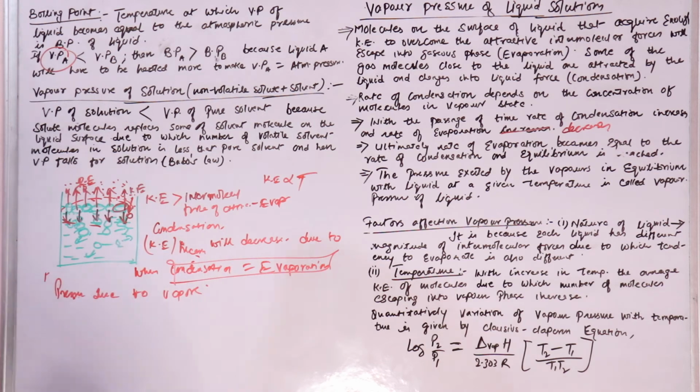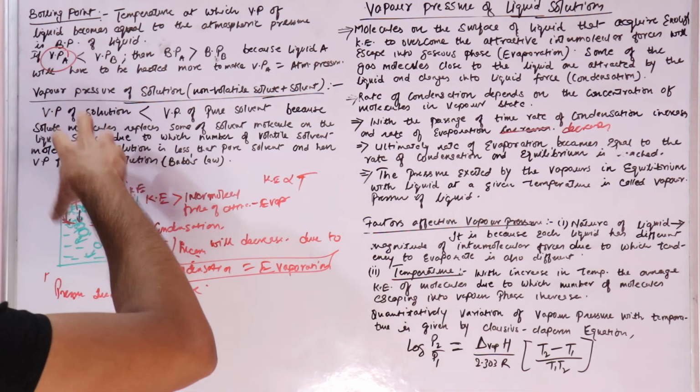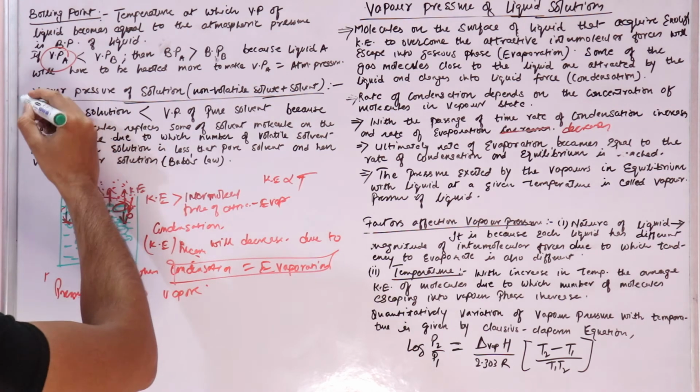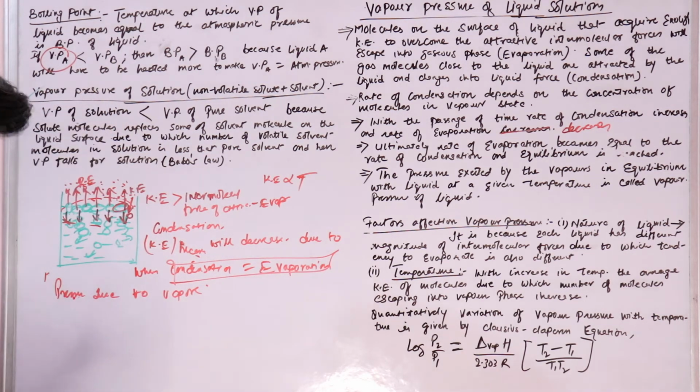Now let's talk about the vapor pressure of solution. In this case we were talking about a pure solvent, right, which does not contain any solute. So now let's take an example. Suppose we add salt to it.